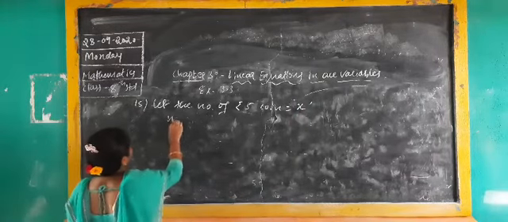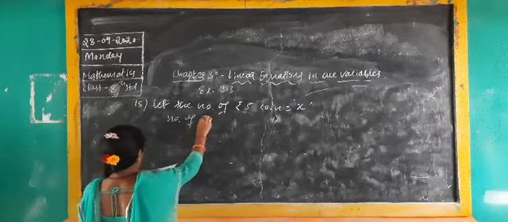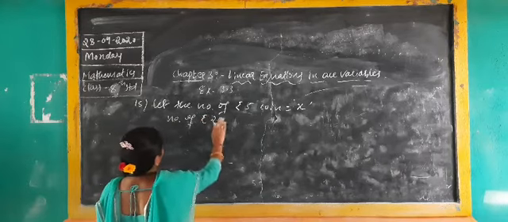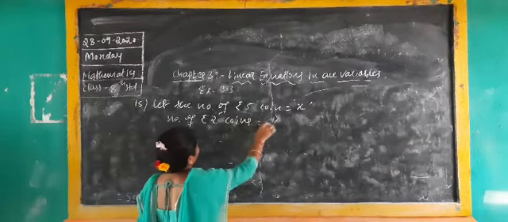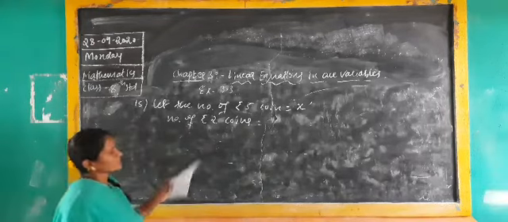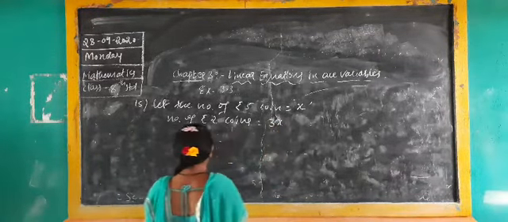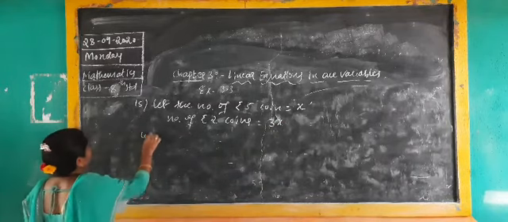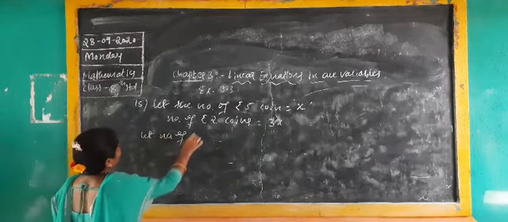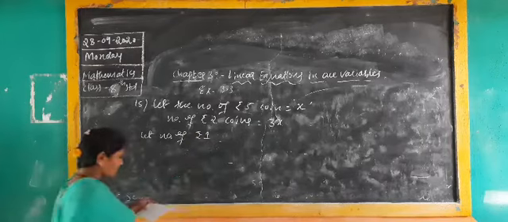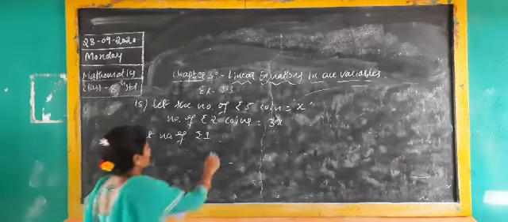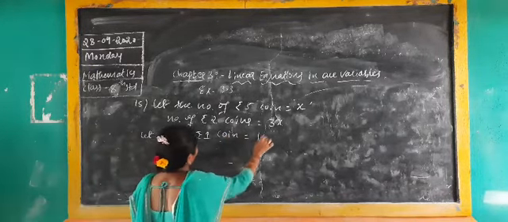For rupee 2, the number of rupee 2 coins is 3x. Last problem we solved with notes, but in this problem they have given coins. And the number of rupee 1 coins, they have clearly given rupee 1 coin, and the total number they have given is 160.